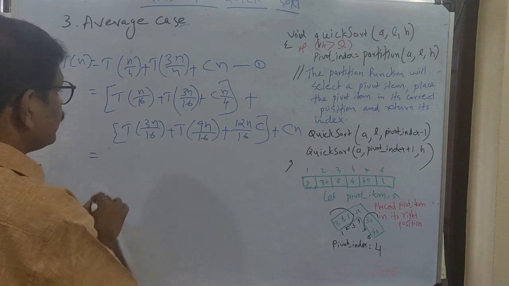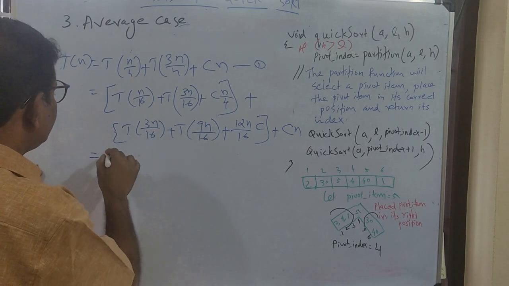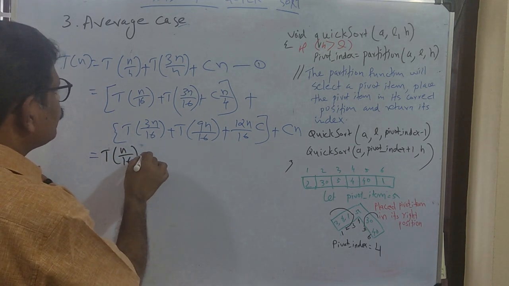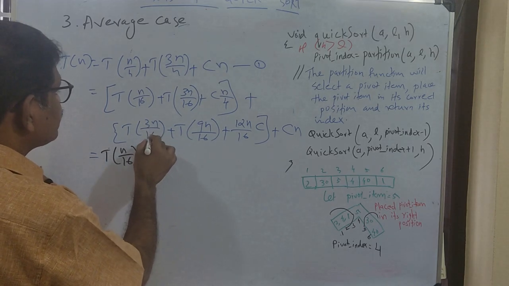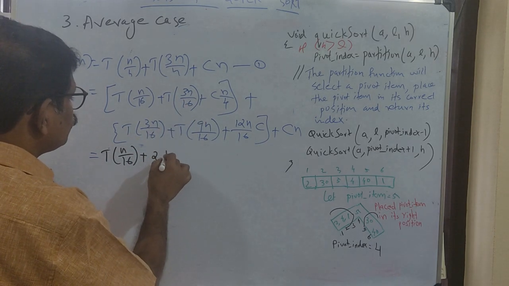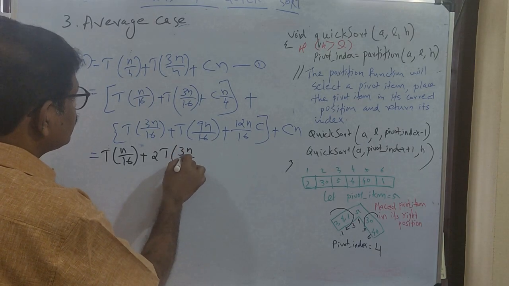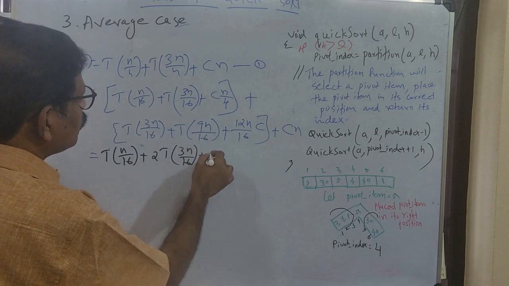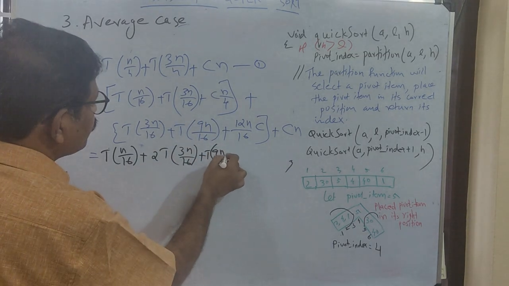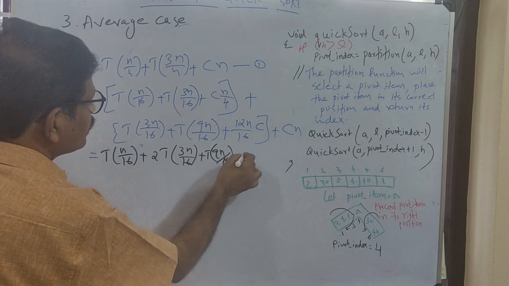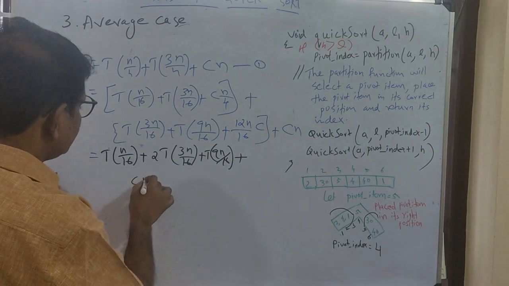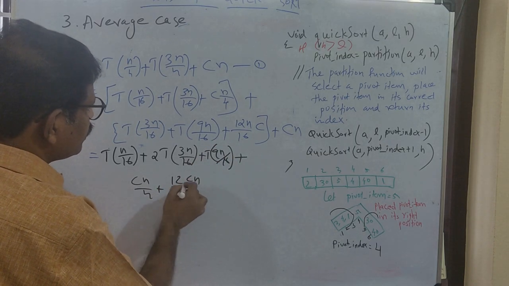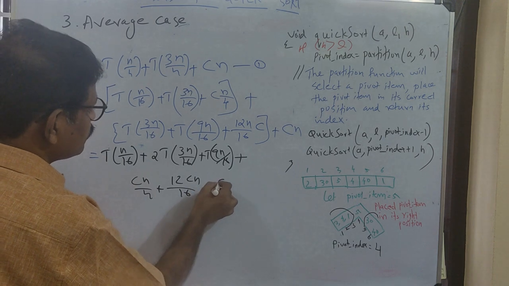If we expand this, it will be T(n/16) plus 2T(3n/16) plus T(9n/16), plus Cn/4, plus 12Cn/16, plus Cn.